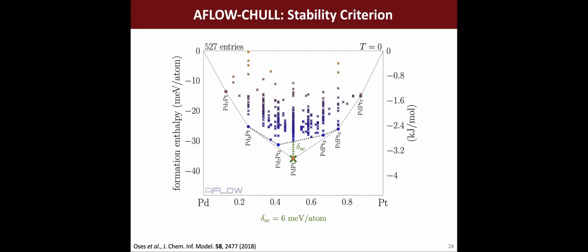If that distance is very large, it's going to be less likely that a new phase is going to be much, much lower and destabilize it. It's possible that a new phase might sit somewhere in that big distance region. So the question of how likely it is that there exists some new phase is captured by this stability criterion. And you can see here that the stability criterion is 6 meV per atom, which is not very large.